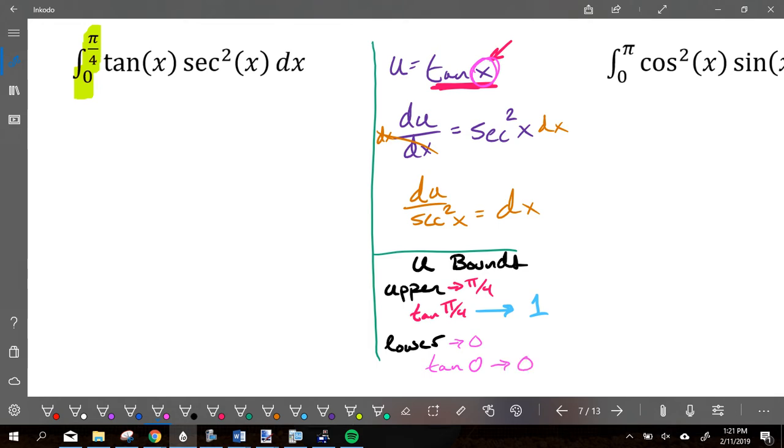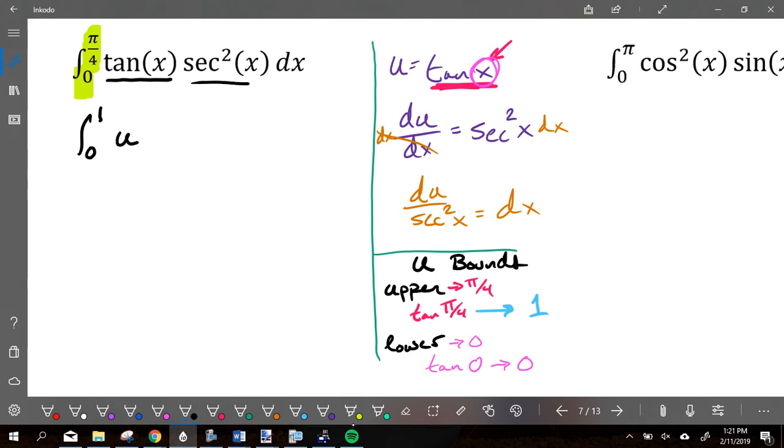Now that we've done that, it might be a little bit annoying. We get to substitute all of those things in, and it's going to make this problem really easy. So let's set this up. I'm integrating. My lower bound is now 0. My upper bound is now 1. I'm substituting everything. It's not going to be tangent x anymore. Now it's going to be u.